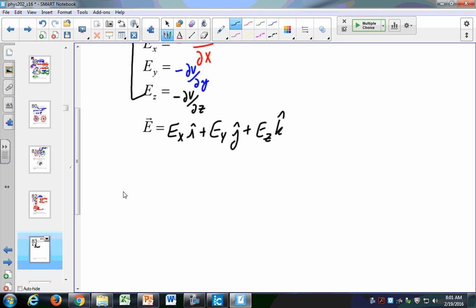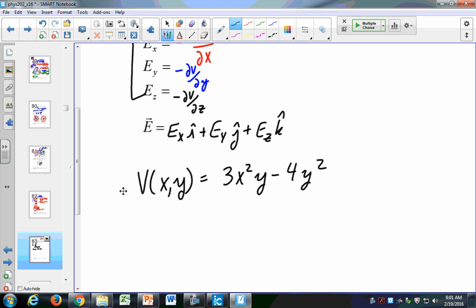So for example, let me do a quick example and then I'll let you do one on your own. Let's say that I have a potential function. I'm just going to do it in terms of x and y. And let's say that it's 3x squared y minus 4y squared.